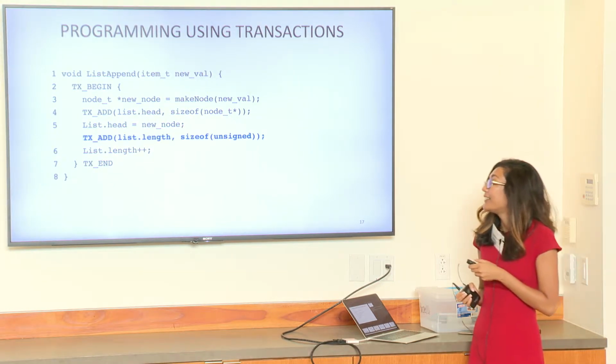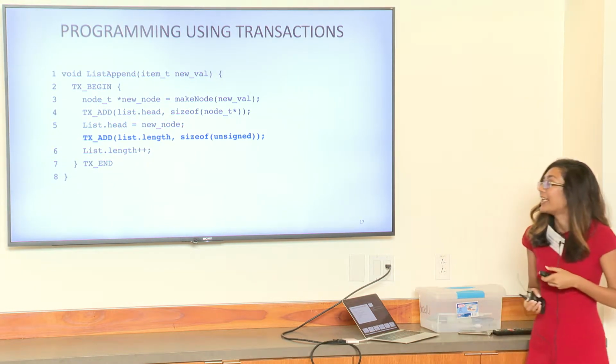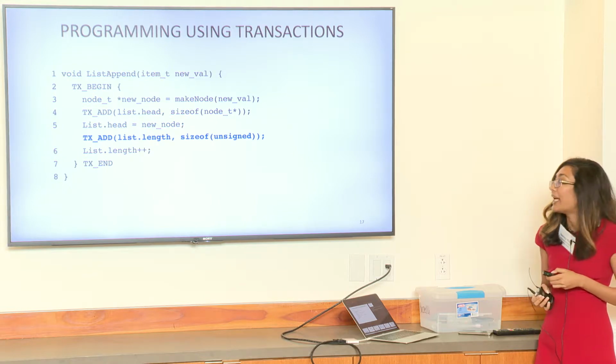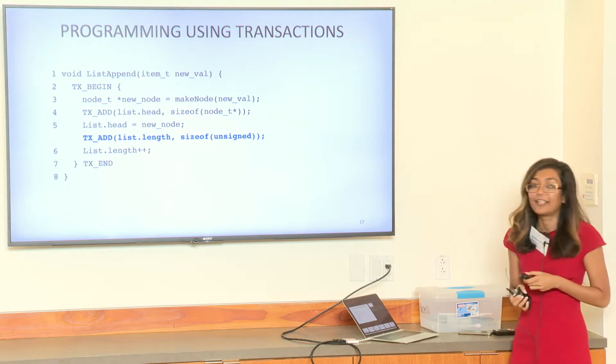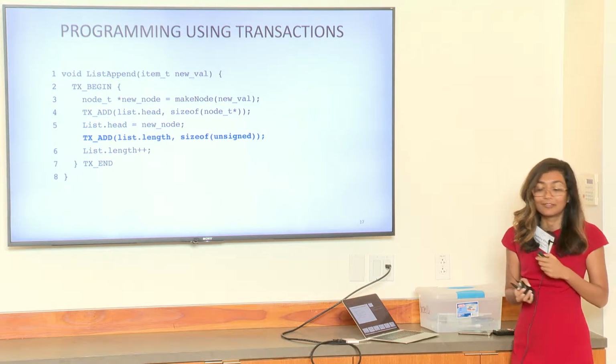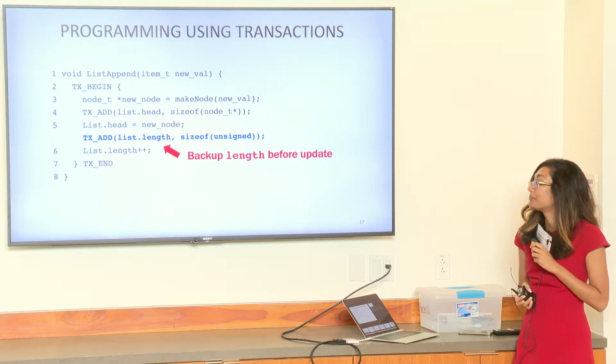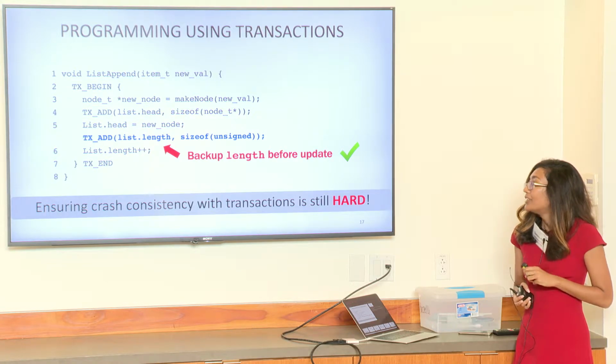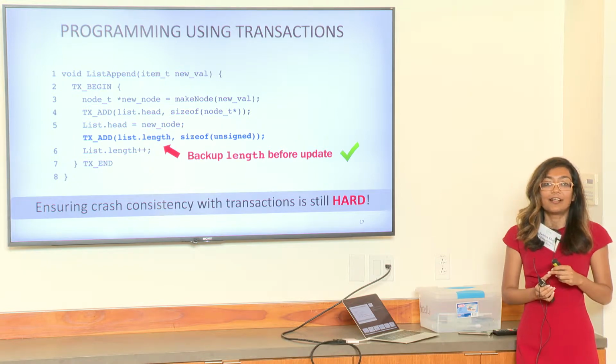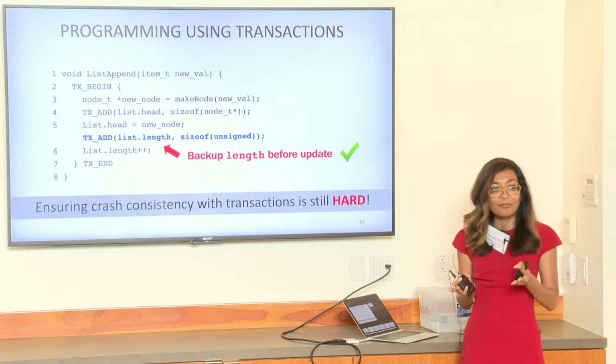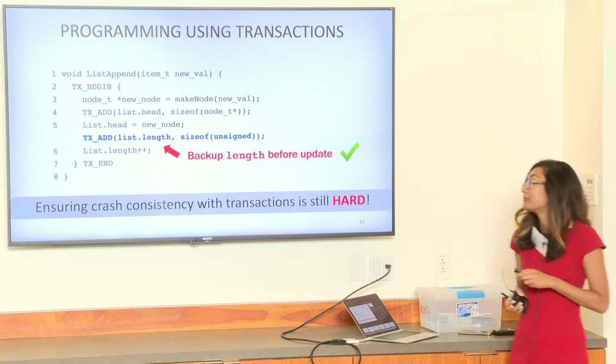So basically here, we actually have to add the length to back up, to log, and then we have a recoverable list. So even with transactions, there is a lot of burden on the programmers to understand what they're doing.